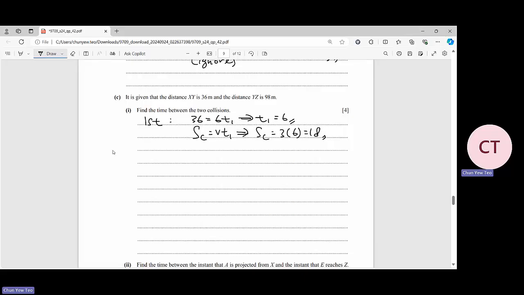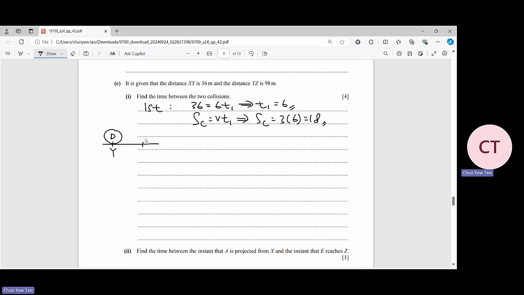After that, when A and B first collide to become D, this point is Y, then C is over here. C has traveled 18 meters.